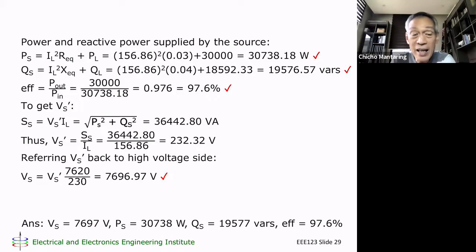I can get the power factor of V's of S because I know P's of S and Q's of S. So I can get the angle, so I can get the power factor. Right? So from the power factor, if I know the phasor value of the current, I can get the angle of the voltage. Nakuha mo yung sinasabi ko?